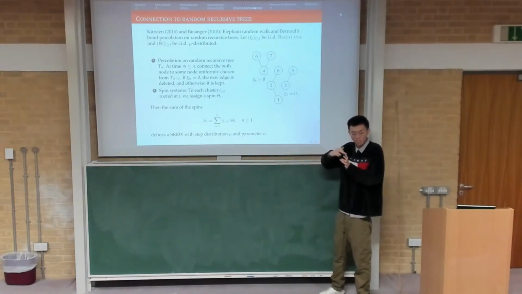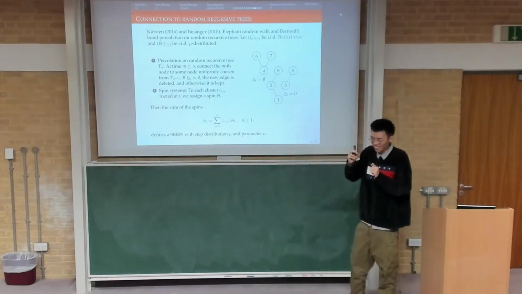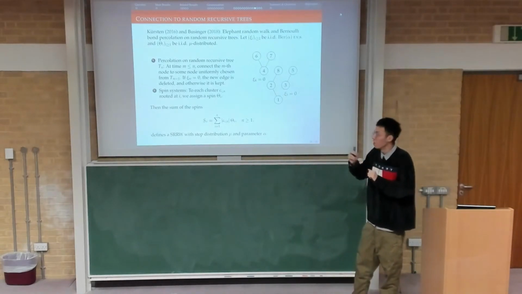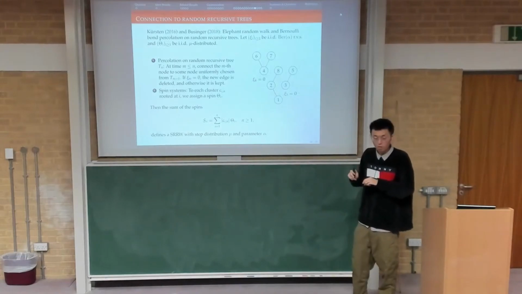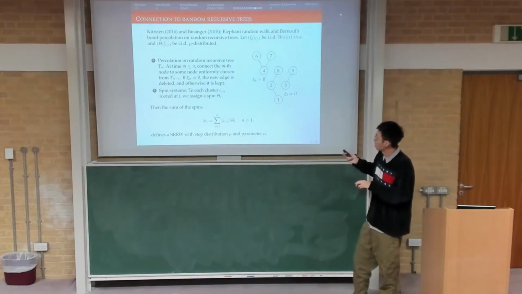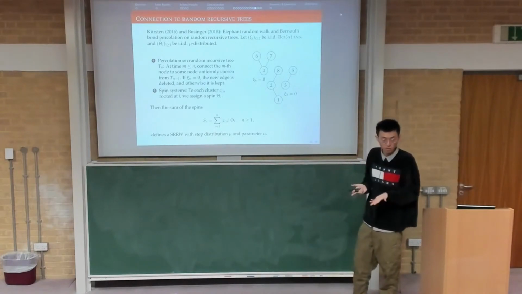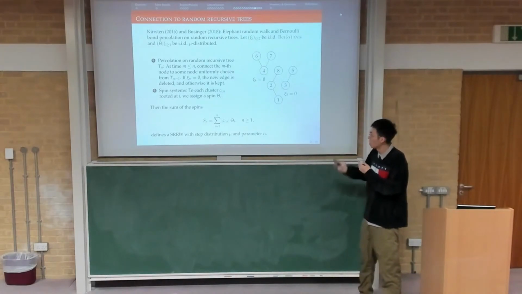So right after you connect this new node, if Cm equals 0, you just delete this new edge. Otherwise, if Cm equals 1, you just keep this new edge. You do this until time n.